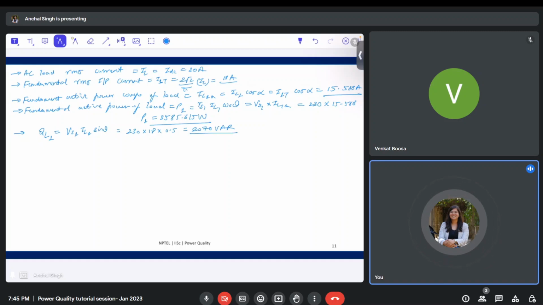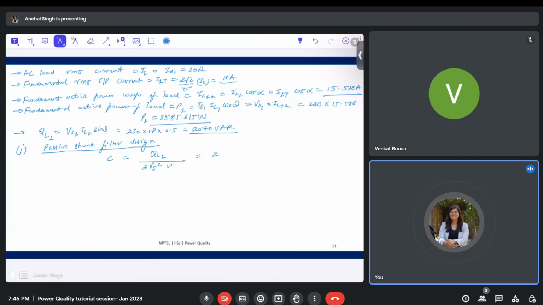Now from this Q value, let us first design the passive filter. We know that in the passive filter, there are three branches. One is L3C3, second is L5C5, third is LH, RH, and CH, right? First, if we assume the capacitances in all the three branches to be identical, we have the formula of capacitor as C is equals to Q fundamental by, let me calculate for third harmonic, N equal to 3 Vs square omega.